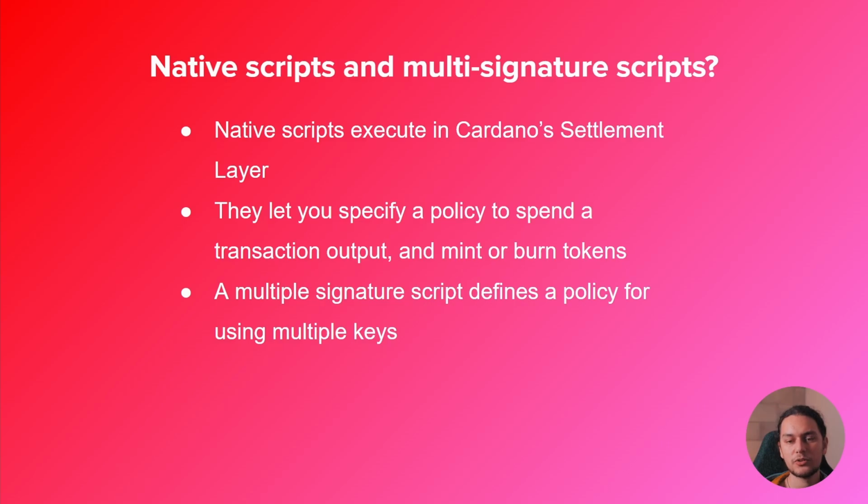And a multi-signature script defines a policy for using multiple keys. So it defines what keys are used to sign a transaction, to make these transactions valid, depending on whatever it is you're doing. Again, context matters. The simplest policy requires just one key, and that's it.